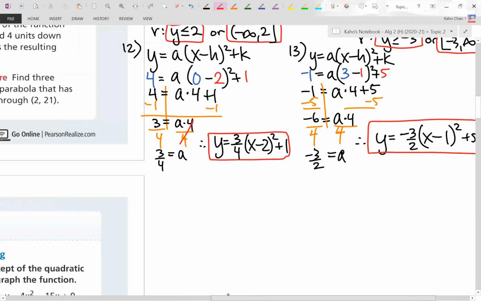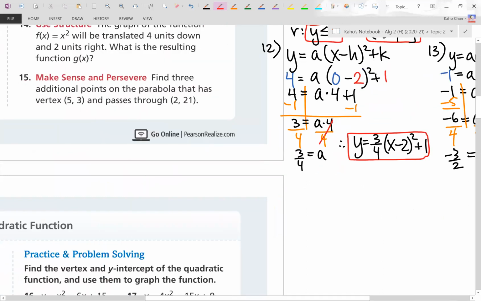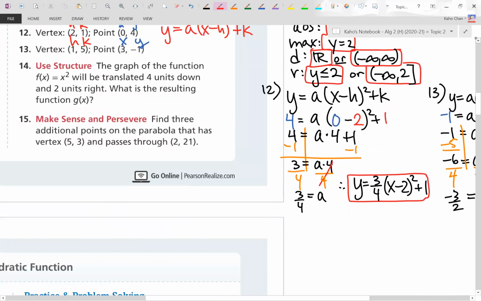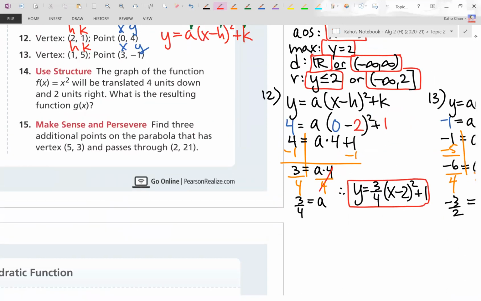All right. This is a long review. Go take a break, pause the video, whatever. Number 14. The graph of a function f of x equals x squared will be translated 4 down and 2 units right.